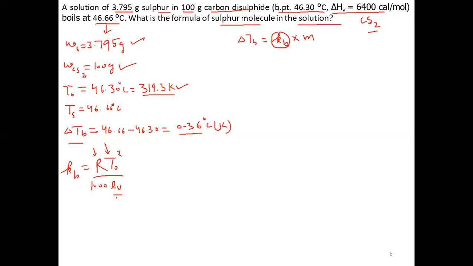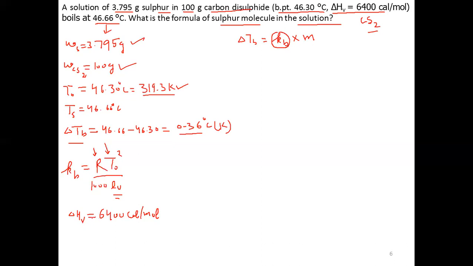Now Lv is latent heat of vaporization per gram, but we are given delta Hv. So delta Hv is given. It is equal to 6400 calorie per mole. So this is the value of delta Hv.